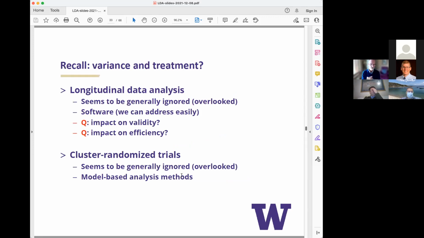I overlooked it, I would argue, in that pre-specified analysis plan I just showed you. So what is the impact on validity? What is the impact on efficiency? I also want to say I think these issues are similarly underappreciated in other places that were heavily model-based in our primary analysis, like cluster randomized trials.